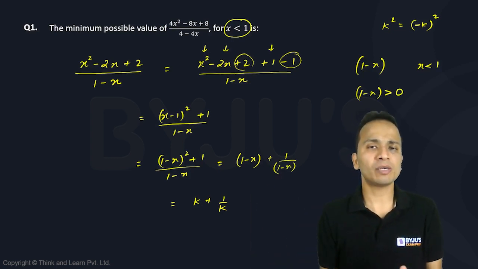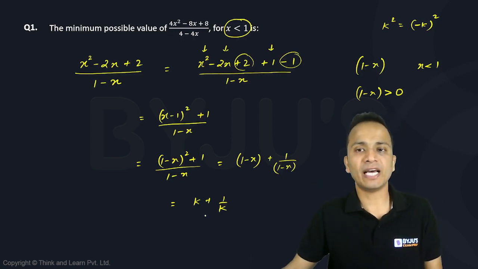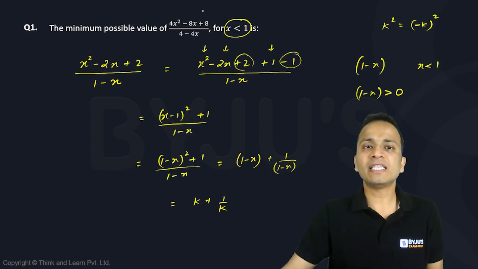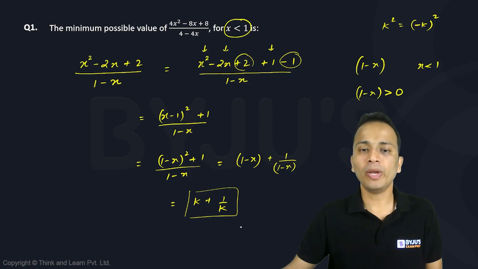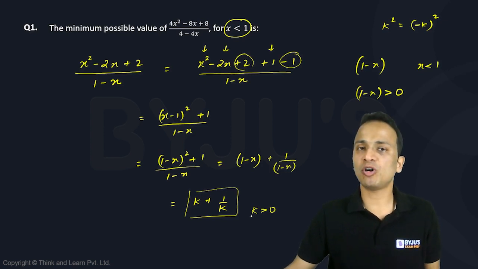Substitute any value of x which is less than 1, and this expression 1 minus x will always be greater than 0. Okay, so I can say that the value of this entire expression is in the form of k plus 1 upon k, where k is a positive number, where k is greater than 0. Okay, so using the concept of maxima minima, you can say that this value will always be greater than or equal to 2.